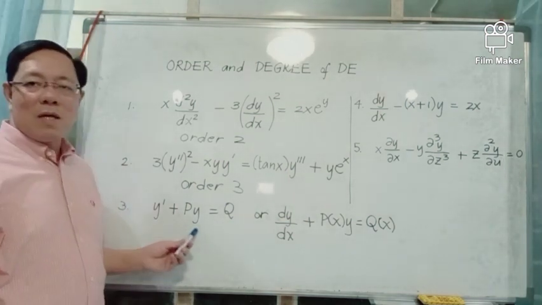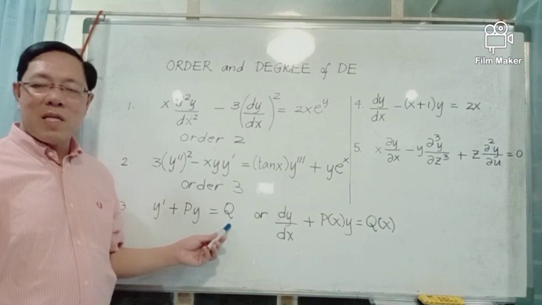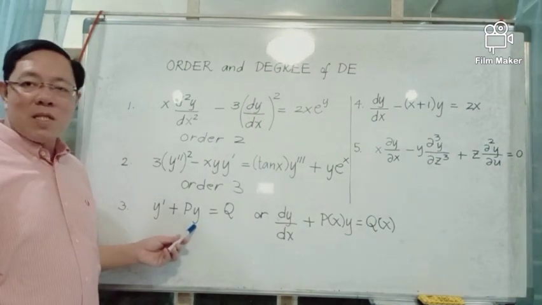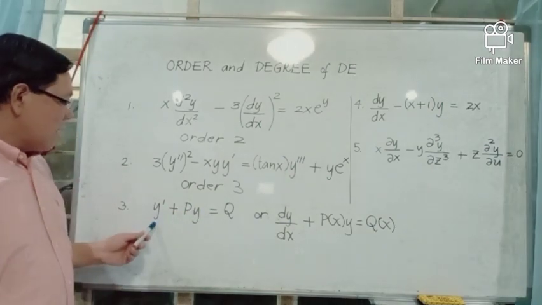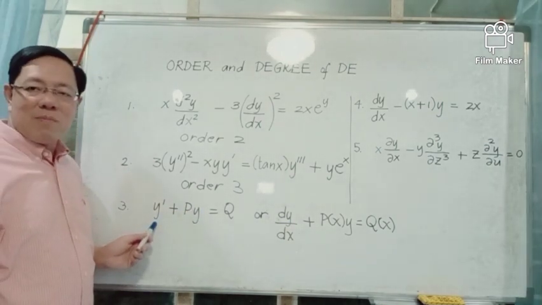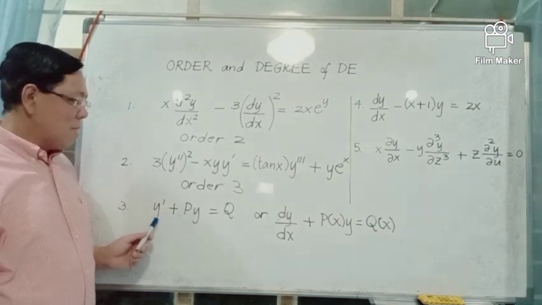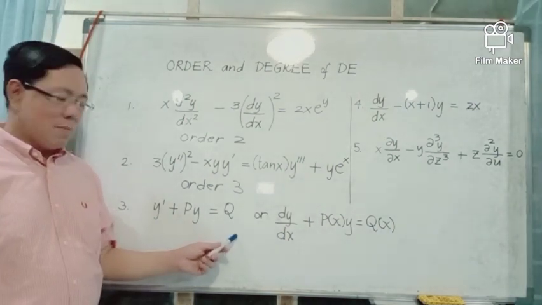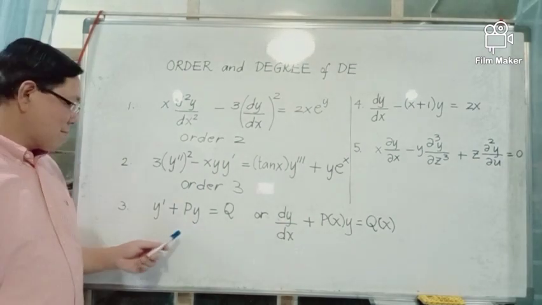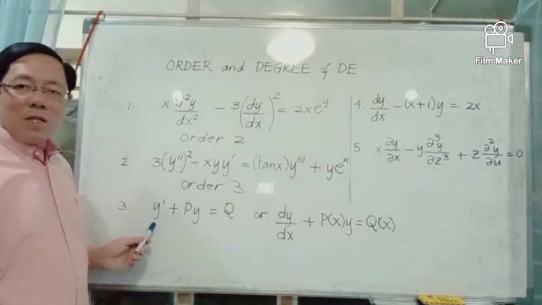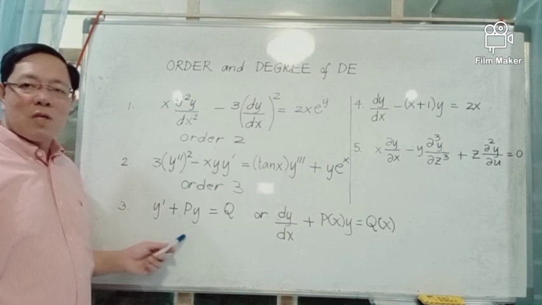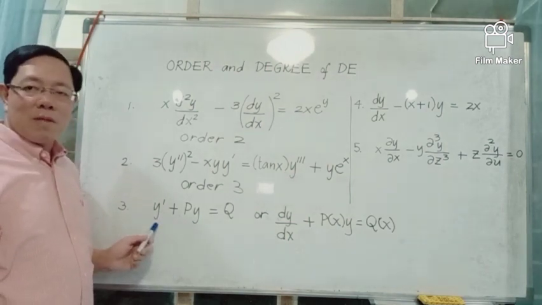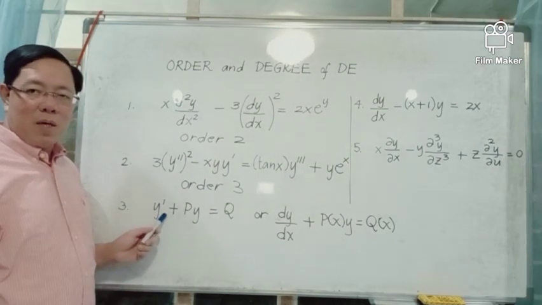This is actually the general form of a linear equation in y. The exponent of y is 1, and the exponent of the first derivative of y is 1. So this is a linear differential equation in y. There is only one derivative that appears in this equation, the first derivative of y, denoted by y prime.